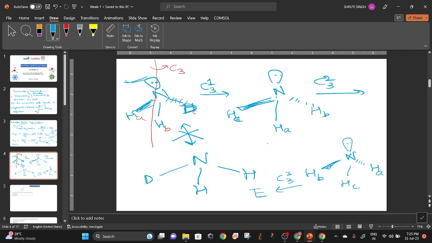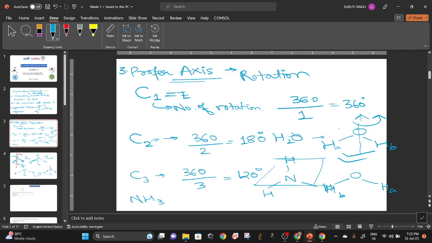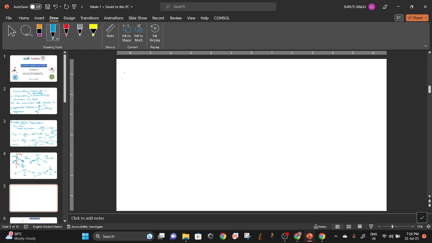If you do it for any axis, as I told for water, water has a C2 axis. If I did C2 once, like this was my C2 applied one time, and then when I do it again, I will get back this configuration. So C2^2, I will get back this configuration, which means that element is E. So the take home message from here is that for any axis, if you apply it that many times, then it will give you the equivalent configuration of the molecule.